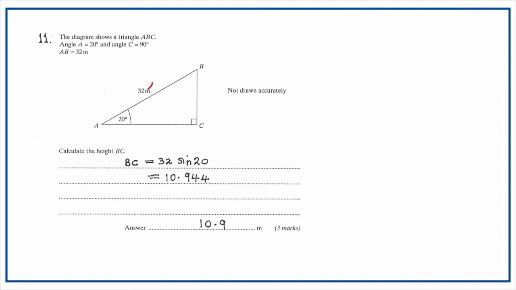And if we cross multiply, we get BC equals 32 sine 20. And so BC equals 10.944. So the answer is 10.9 meters to 3 significant figures.